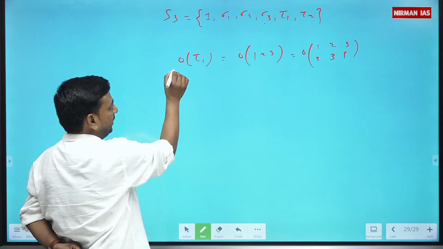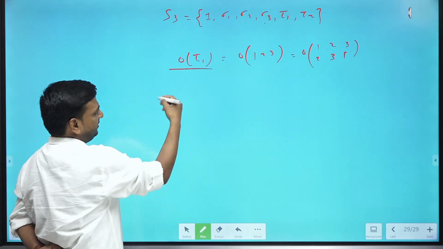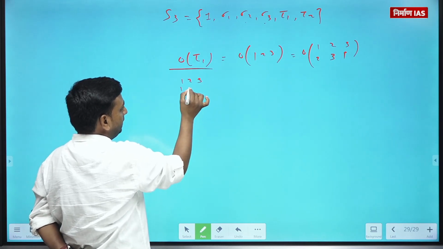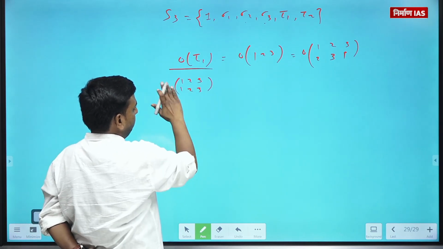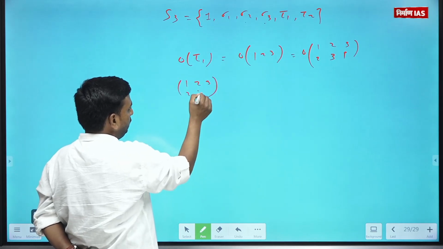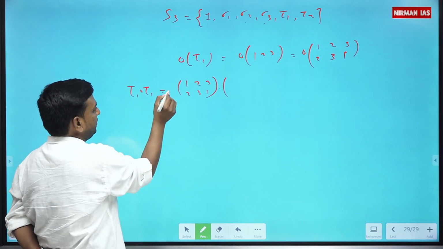Now I want to know its order. For simplification, I will write it as 1 2 3 mapped to 2 3 1. Composition means I am going to calculate tau 1 composed with tau 1.